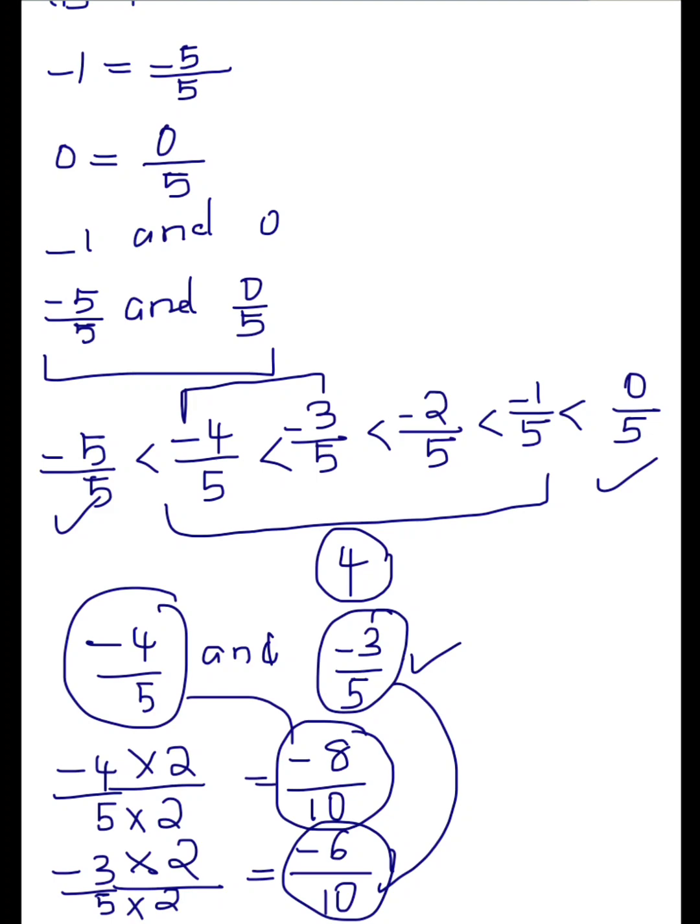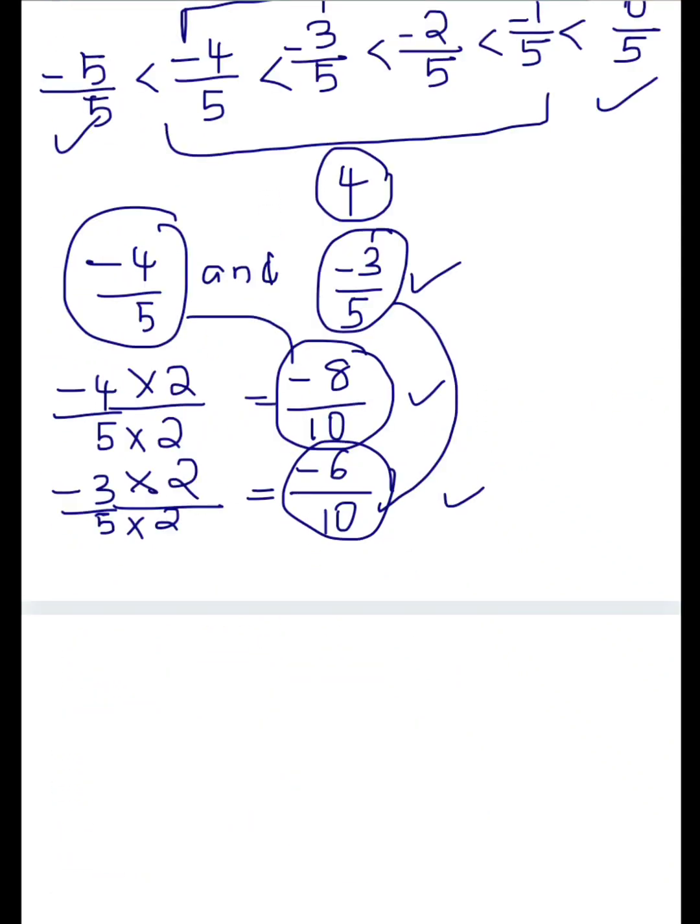Now you have to find rational numbers between minus 8 by 10 and minus 6 by 10, instead of minus 4 by 5 and minus 3 by 5. How will you find it? After minus 8 by 10, what will be the next? Minus 7 by 10, and the next will be minus 6 by 10.